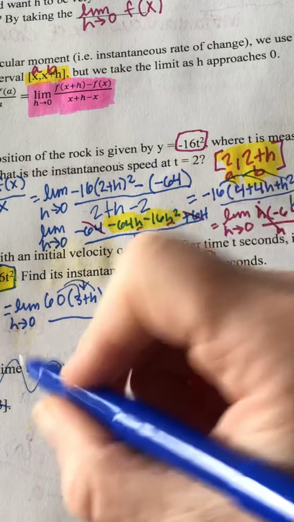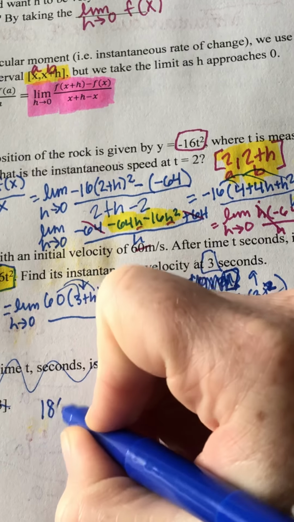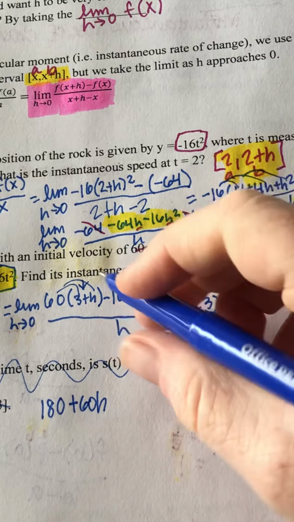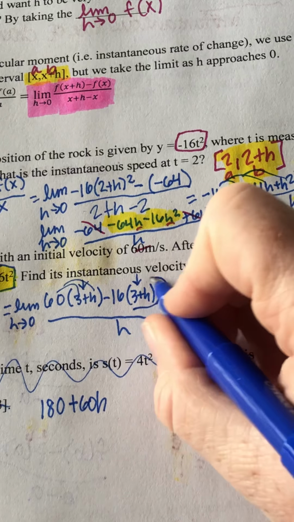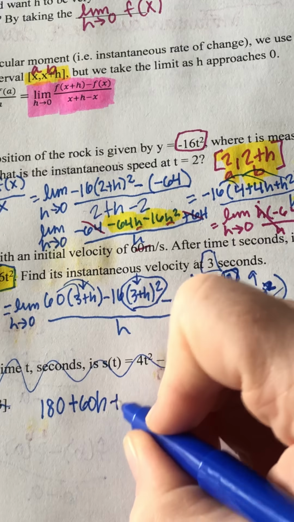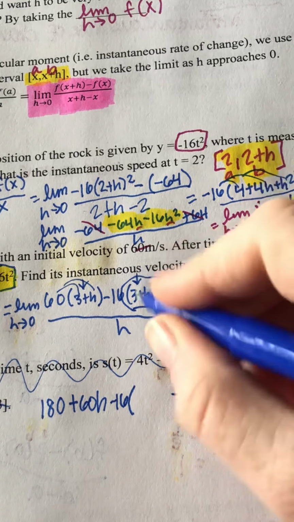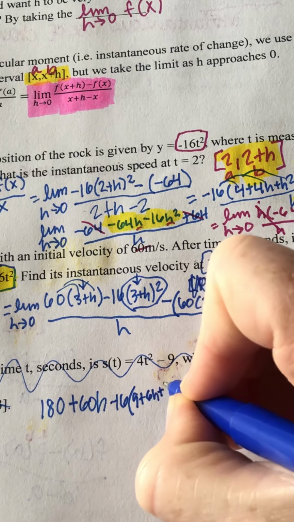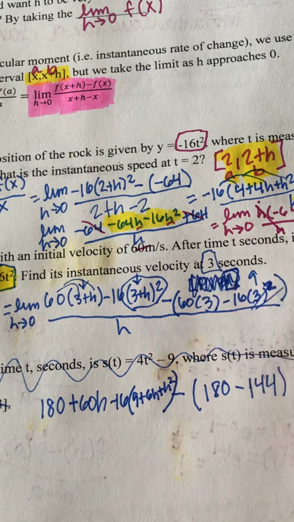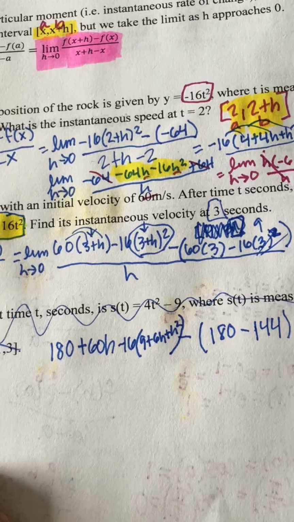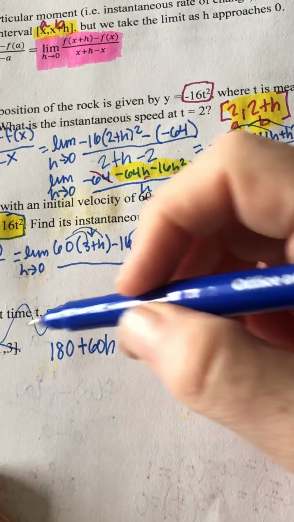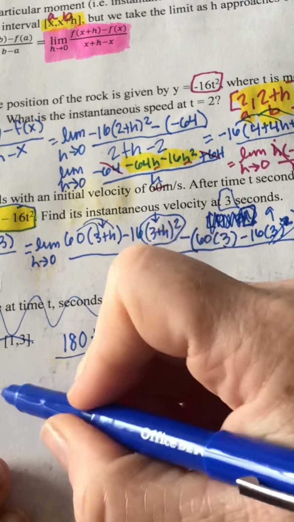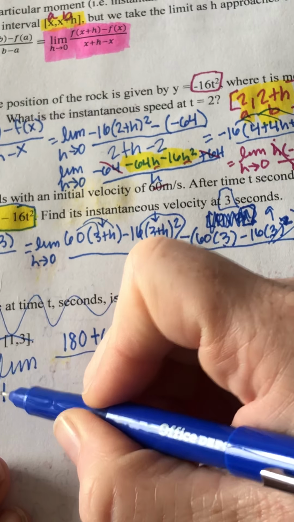I'm going to distribute that and get 180 plus 60h. Then we have minus 16 times, now if we FOIL that, 9 plus 6h plus h squared. Still all over h. So we're going to keep simplifying till those h's cancel.